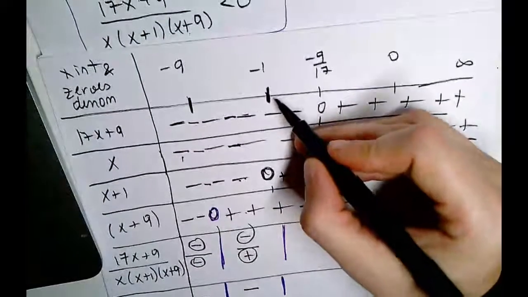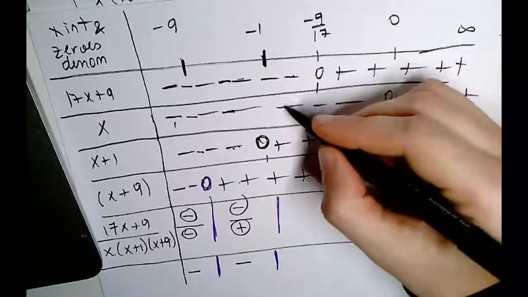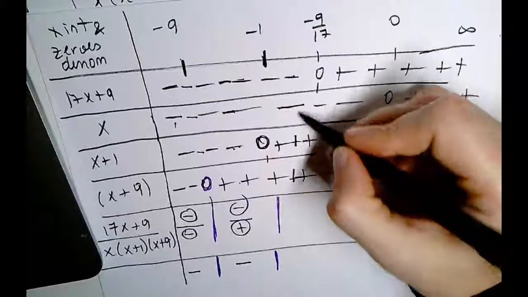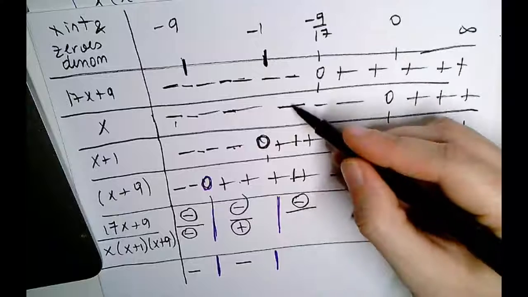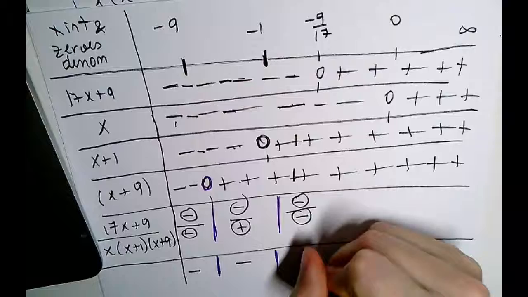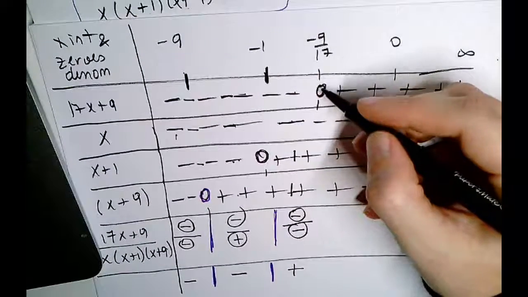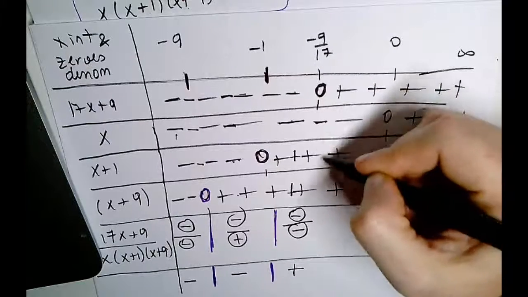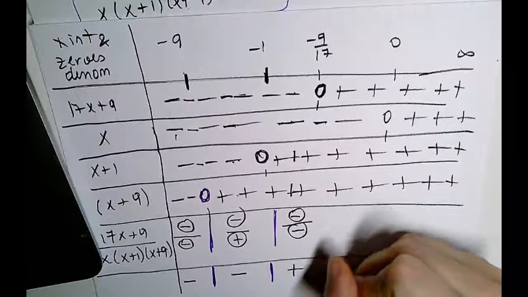Between negative 1 and negative 9/17, I have a negative divided by a negative times a positive and times a positive. So it's a negative for the top and then a negative for the bottom when I multiply all these three together. So it's going to give me a positive. At negative 9/17, the numerator is 0 and then the others are either negative or positive. So 0 divided by a negative number is 0.